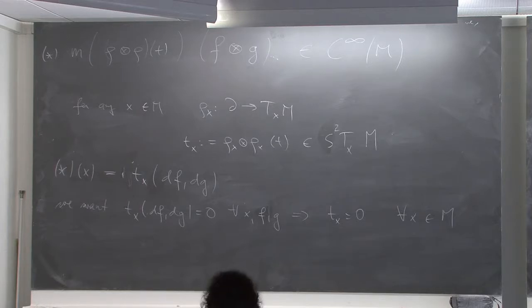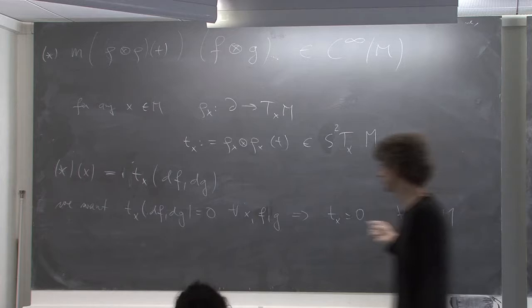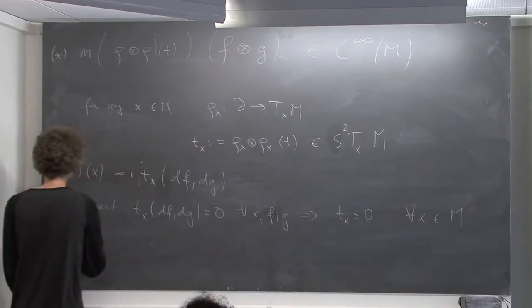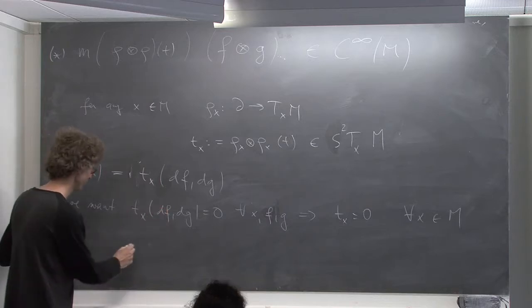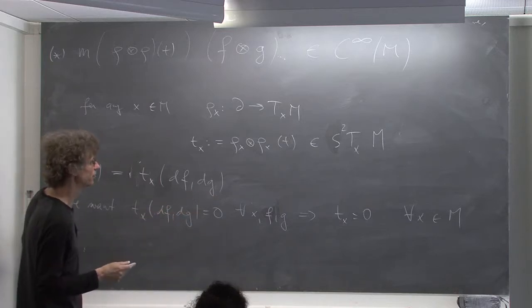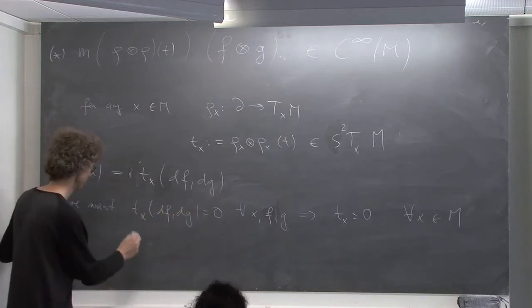But now it should be sort of clear. How do we go from T to T_x?